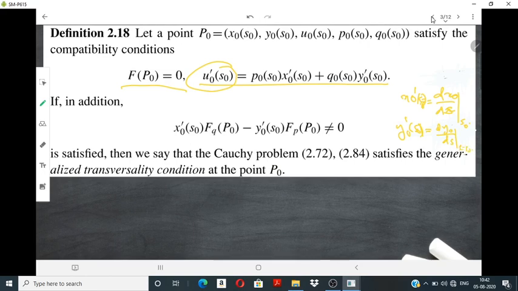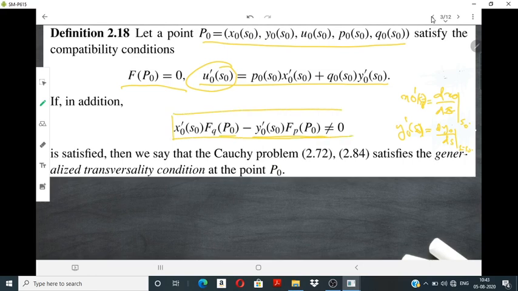So in addition, x0'(s0) times f_q at P0, where P0 is the point (x0, y0, u0, p0, q0) at s0, minus y0'(s0) times f_p at P0 is not equal to 0.